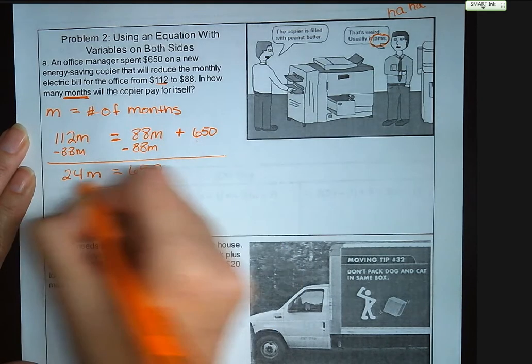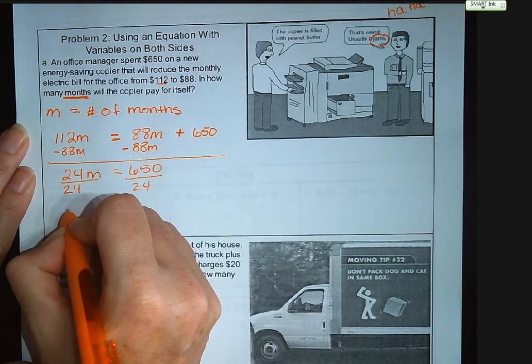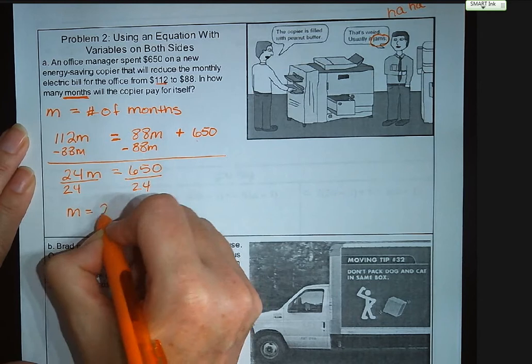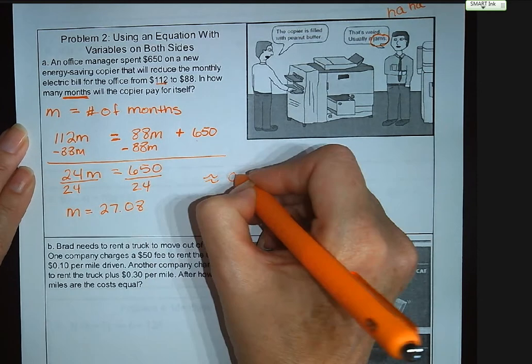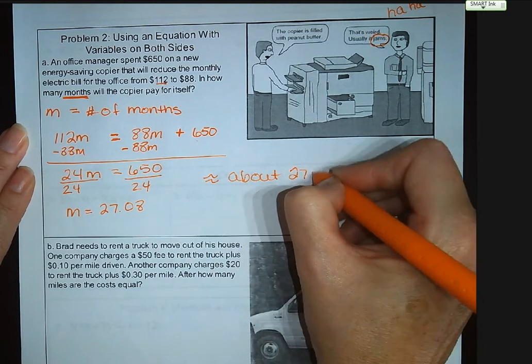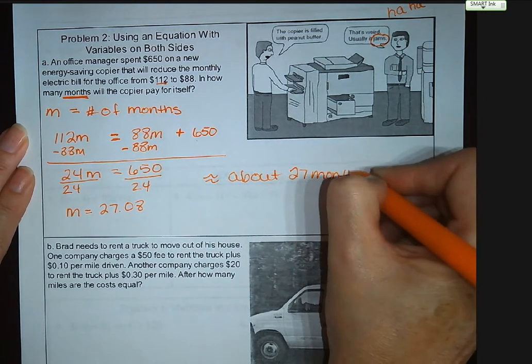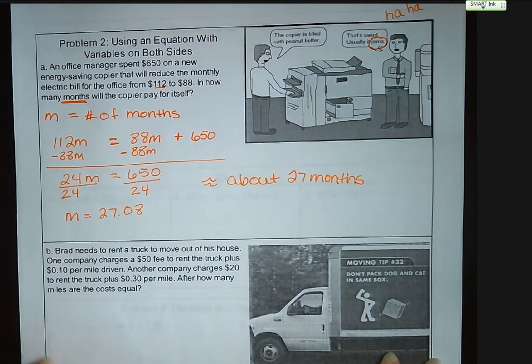And that equals 650. Divide both sides by 24. And M is equal to 27.08. So we're going to say at approximately, or about, 27 months, the copier is going to pay for itself. So sometime in that 27th month.